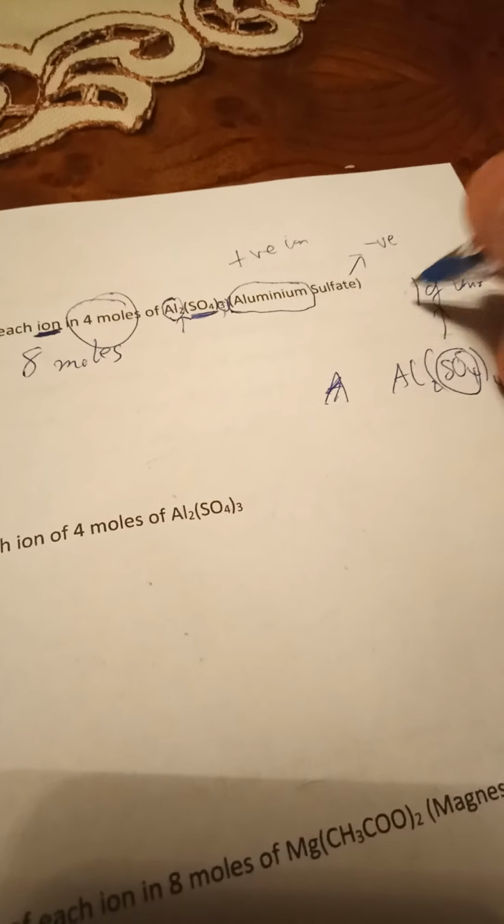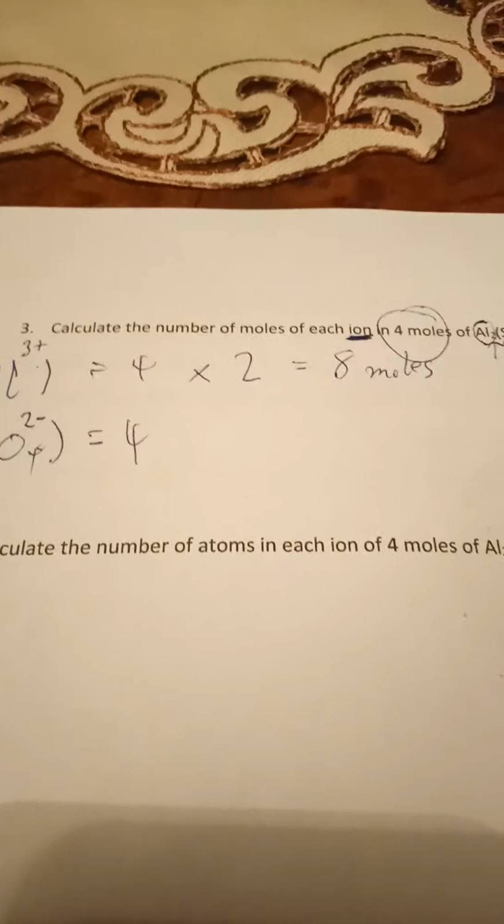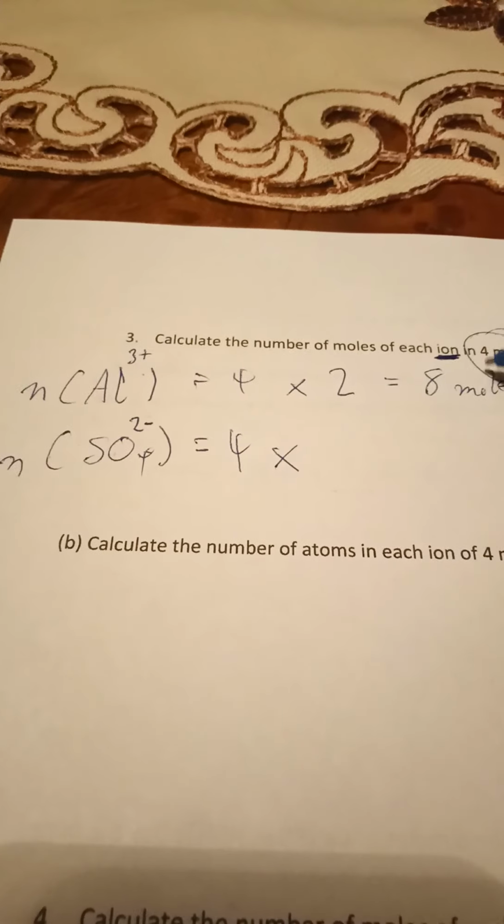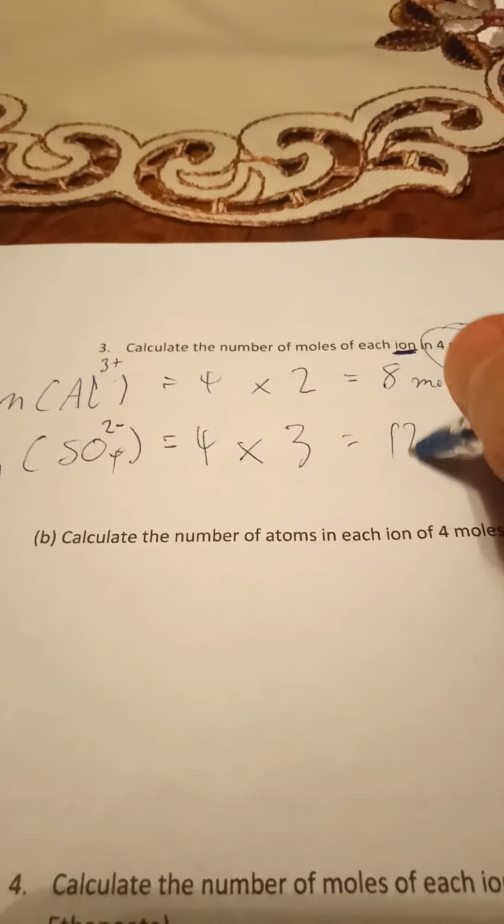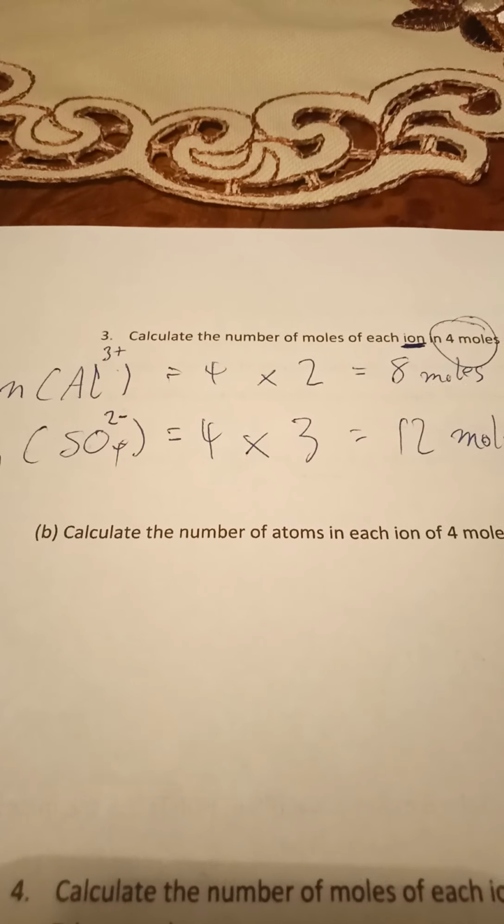If here I had a 4, that means I have 4. Anyway, because there's a 3 outside the bracket, I have 3. So I'm going to multiply our moles by 3, which is 12 moles.